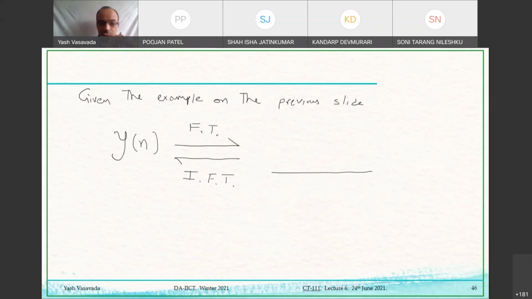Small x of n into capital H of x, H of f. Sorry? Small x of n into capital H of x. Sorry, H of f.